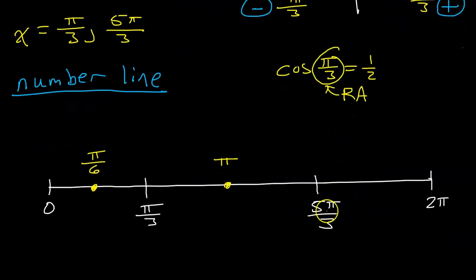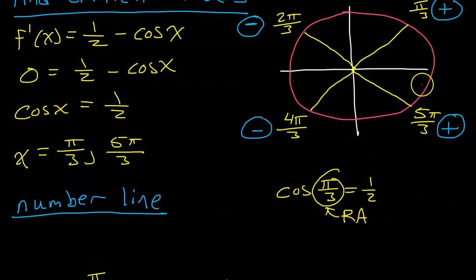Now, between 5 pi over 3 and 2 pi, so that would just be in this little area right here. So I'm going to go with 11 pi over 6. A moment ago, I picked pi over 6, which is right here. So I'm just picking the other angle that has a reference angle of pi over 6.